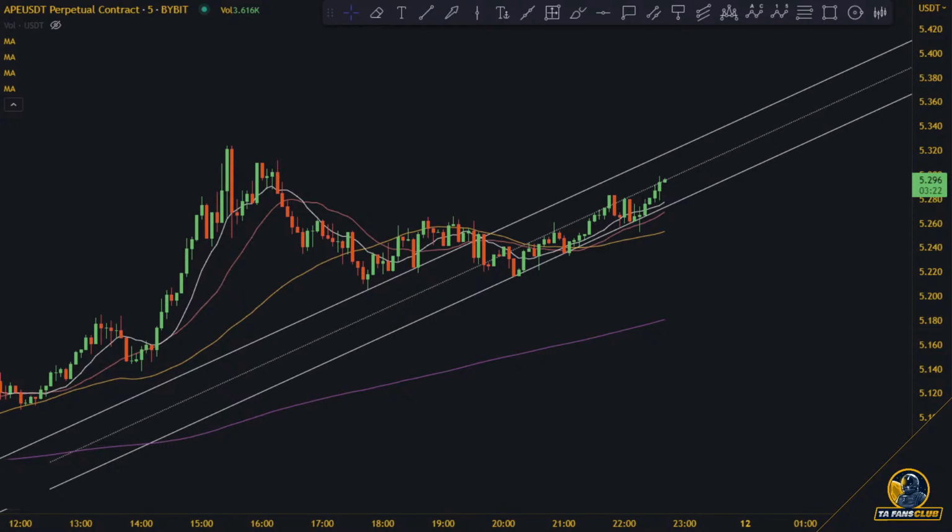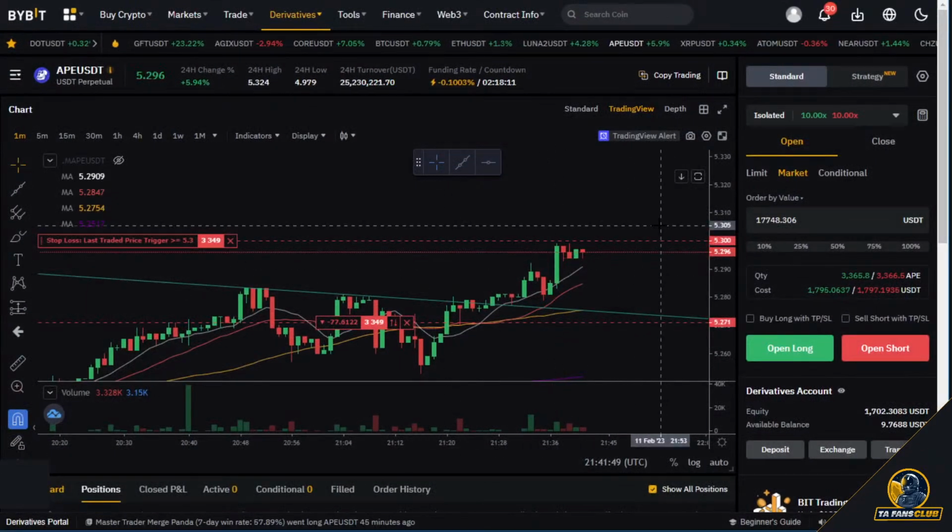There is big news due on Tuesday. But it will be good if you get stopped out, because then we can make a new trade, do something else.